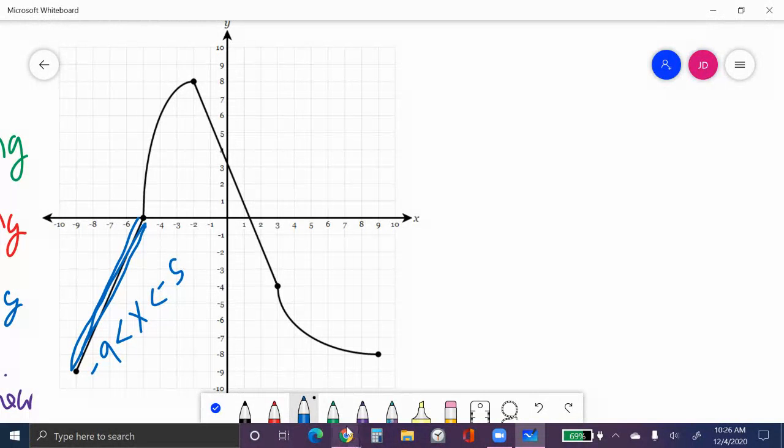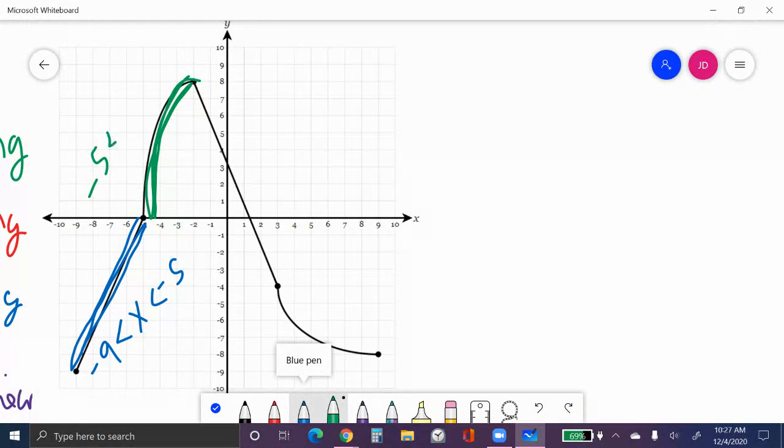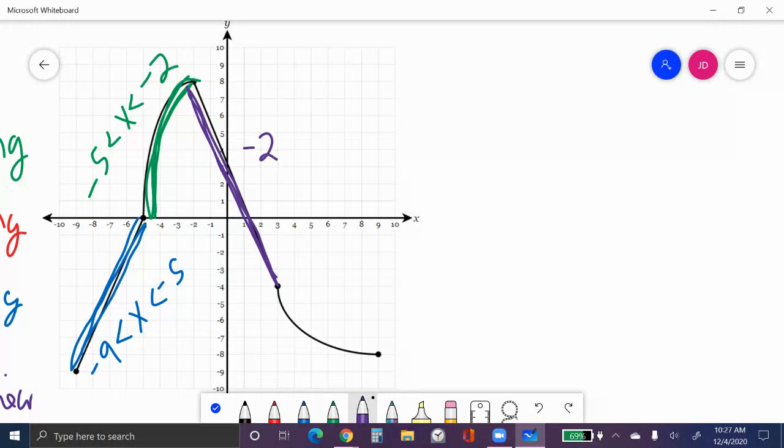This piece right here is between negative 5 and negative 2. This piece right here is between negative 2 and 3.